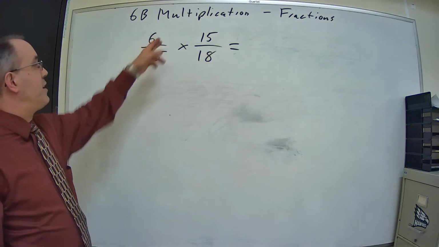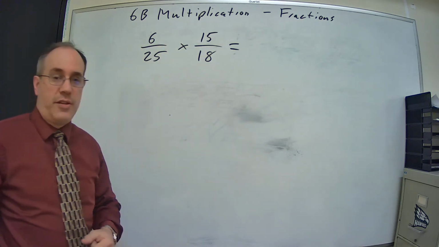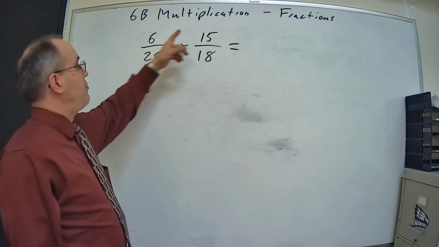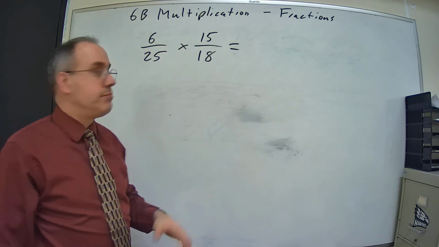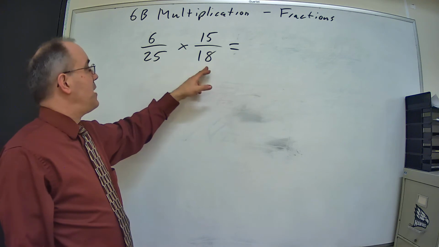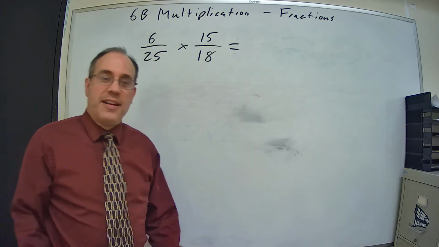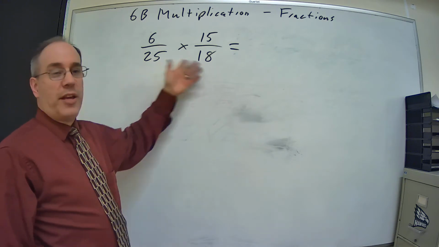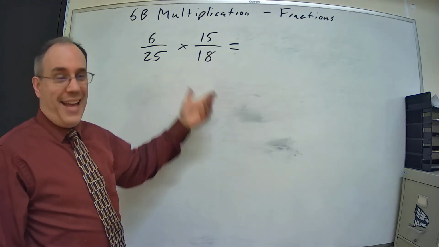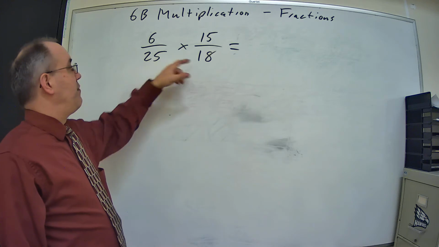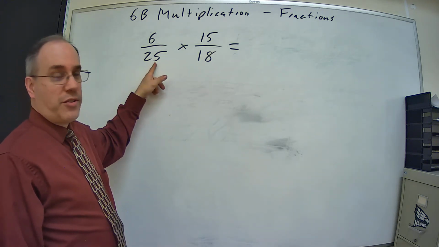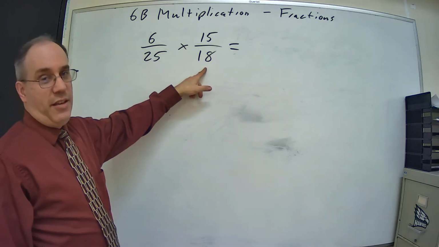Okay, so we got 6 25ths times 15 18ths. Now, I'm already looking at this and going, 6 times 15, that's not so bad. 25 times 18, that's bad. It's not bad, but it just looks like it's going to give me a large number. And it is. 25 times 18, every 4 25s is going to give me 100. So this is going to be 450.